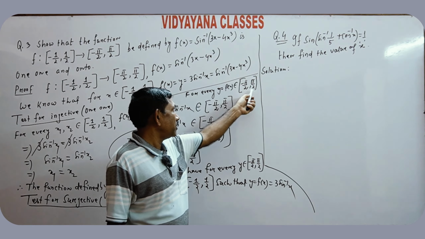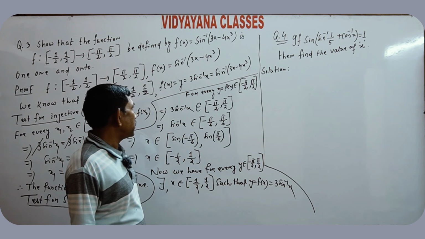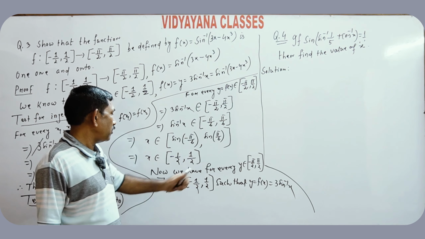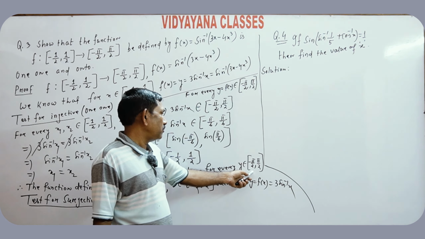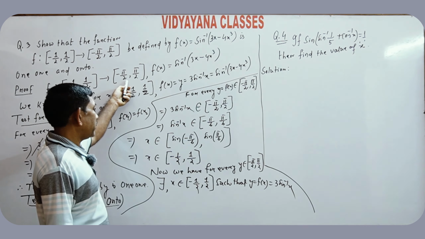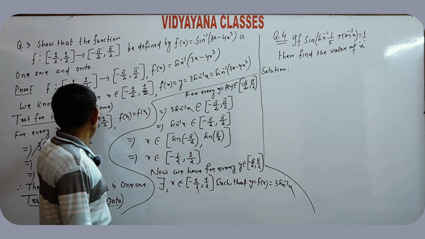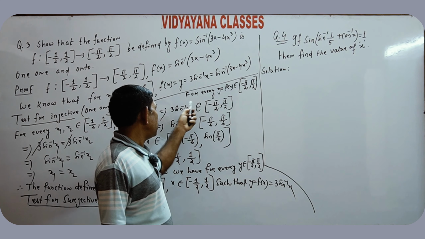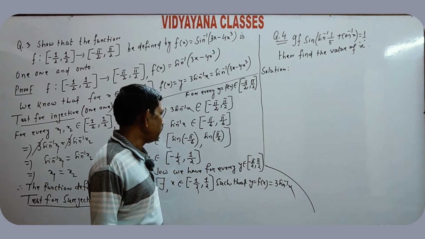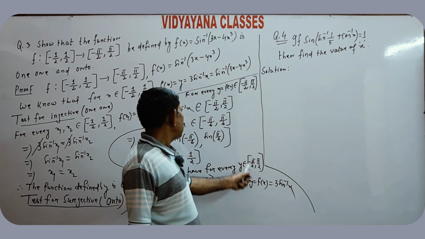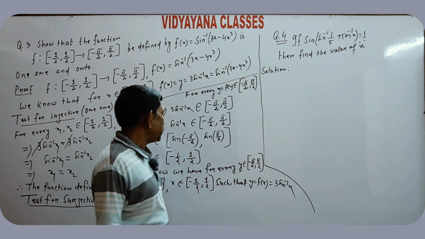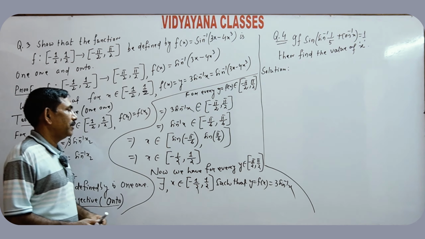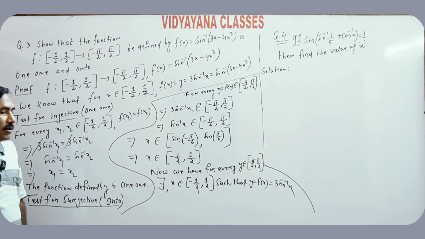When y belongs to this set, x belongs to this set. It is the definition of surjective or onto: for every y belongs to the codomain set, there exists x belongs to the domain set so that f(x) is equal to y. Taking y is equal to 3 sin⁻¹x, it satisfies the definition of an onto function. That means surjective.